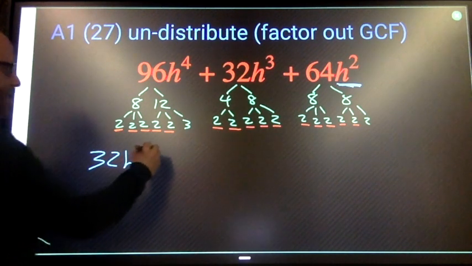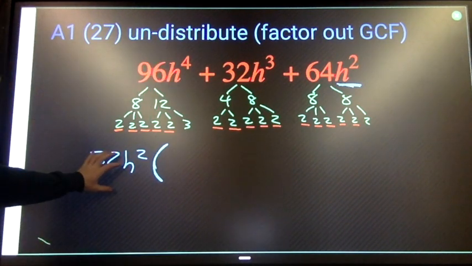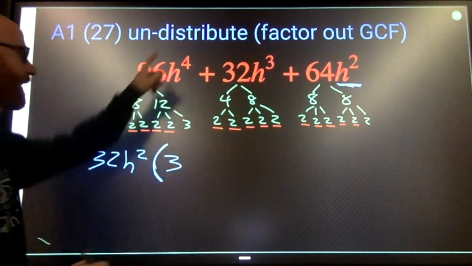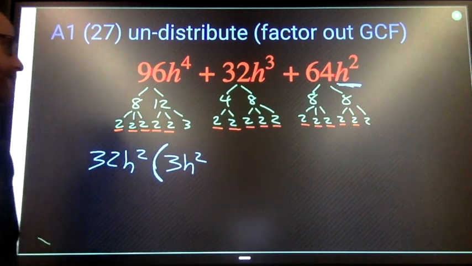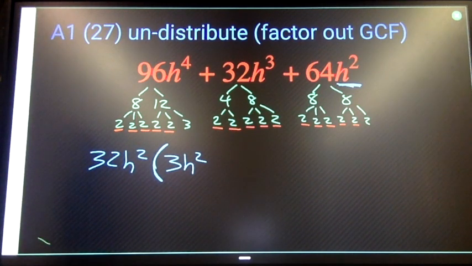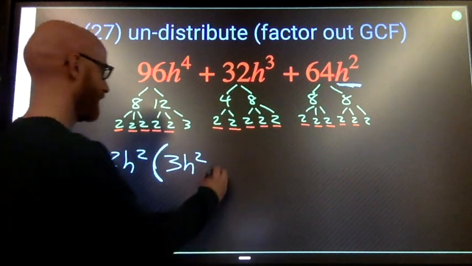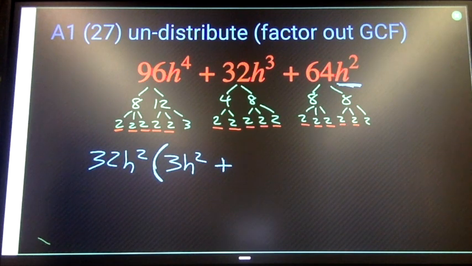Then, what's inside parentheses will be this divided by that. So 96 divided by 32 is 3. H to the 4th divided by H squared is H squared. 32 divided by 32 is 1. I can choose to write it or not write it if the coefficient is 1.